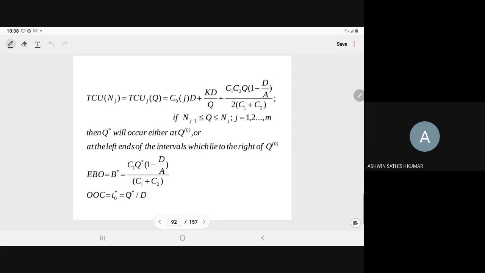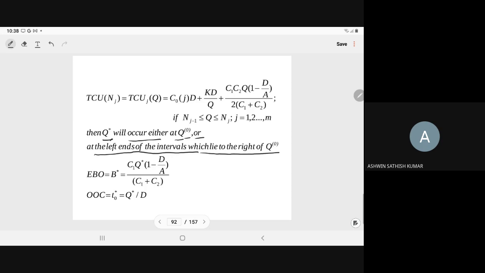So in this case, the Q star will occur either at Q naught or at the left end of the interval which lies to the right of Q naught.